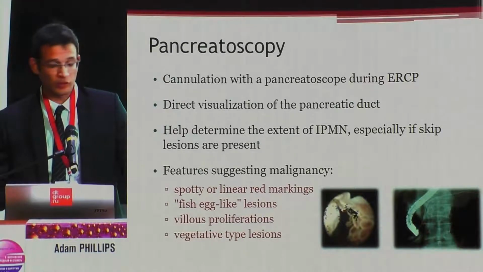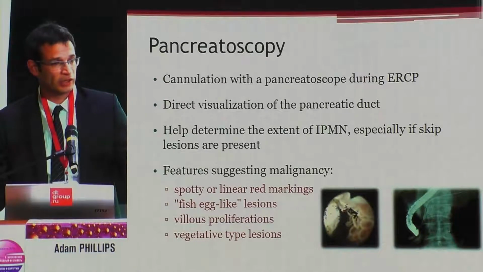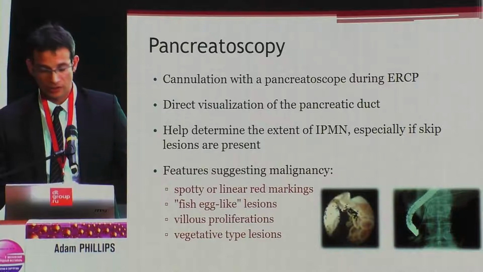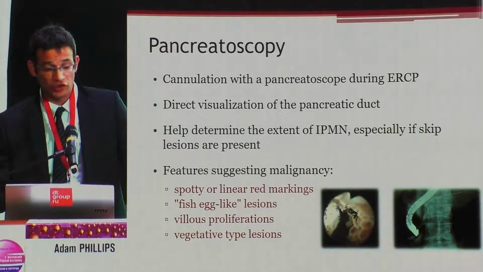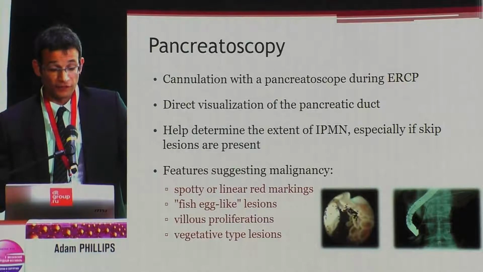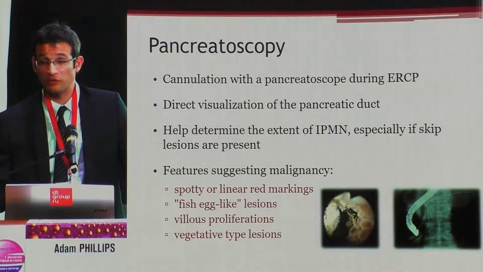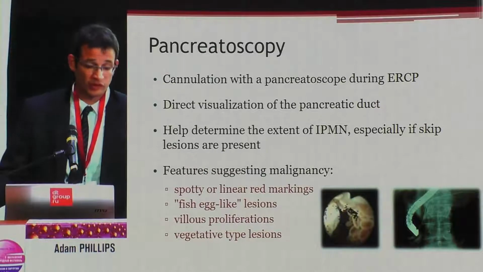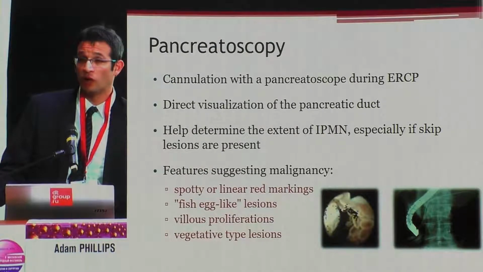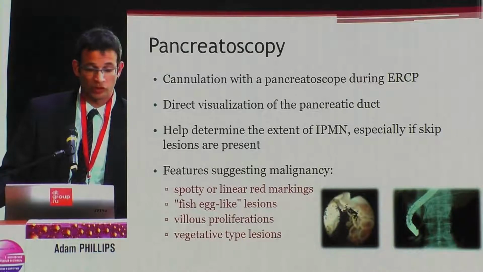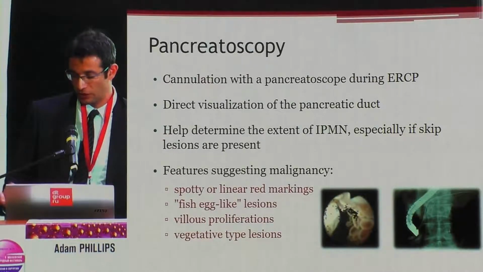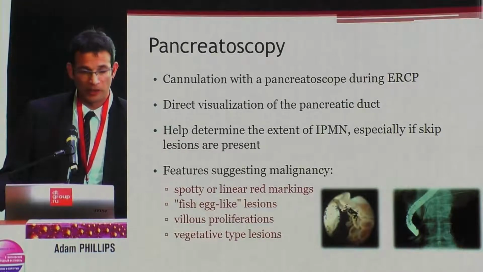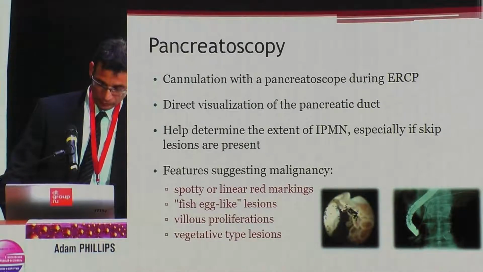We can see if there are skip lesions, or a papillary lesion at the head, neck, or elsewhere. There are features suggesting malignancy that we can see, like fish egg-like lesions and villous proliferation, but in the literature there are only about 400 patients that had pancreatoscopy of the main pancreatic duct, so it's hard to say if it is really helpful or if we are risking our patients with pancreatitis.